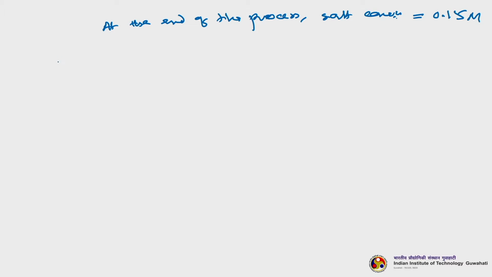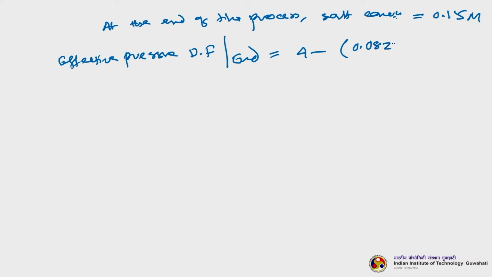So, the effective pressure driving force at the end will be 4 minus 0.0821, that same pi equals CRT from that equation only, into 298, into 0.15 into 0.9. So, this becomes 0.69 atmosphere, right.